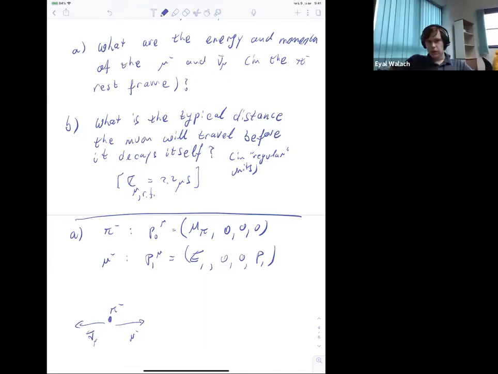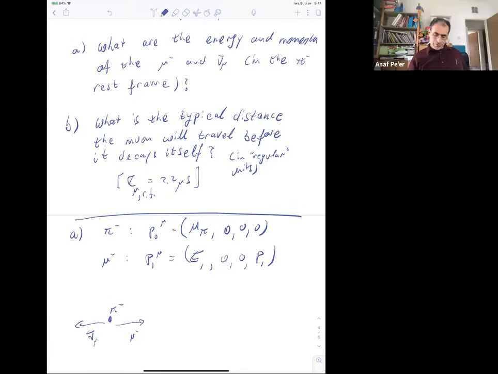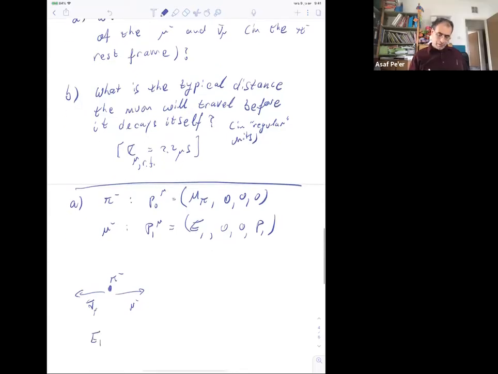E1 squared equals P1 squared plus muon mass squared. That's true. Very good. E1 squared is P1 squared plus m_mu squared. Is that clear to everybody? That follows from Einstein's relation. We learned that in special relativity in the beginning.